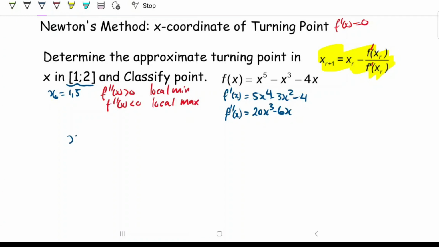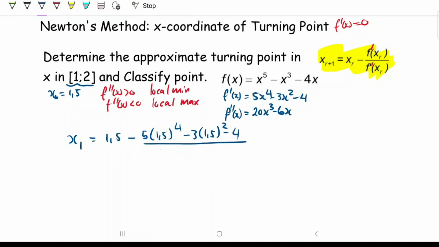If you want to find out what the first term is, we'll substitute 1,5. But remember, things are changing a little bit because we're finding a turning point, so we substitute into the equation of the derivative. This becomes 1,5 to the 4 minus 3 times 1,5 to the 2 minus 4.